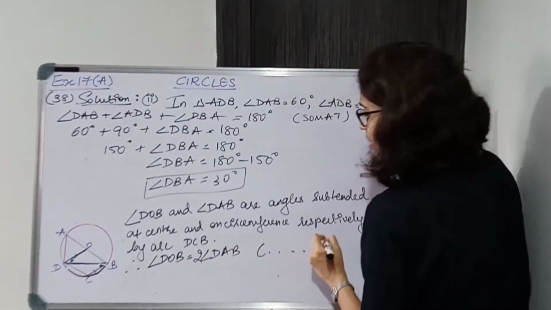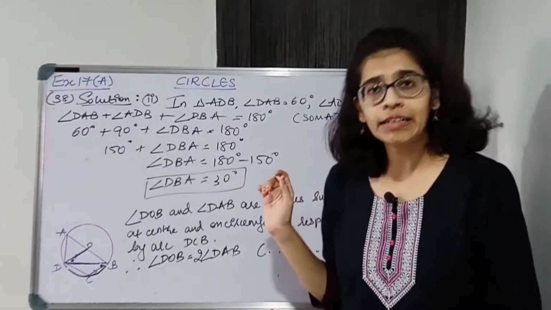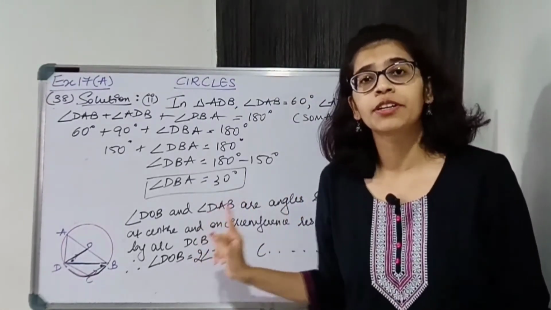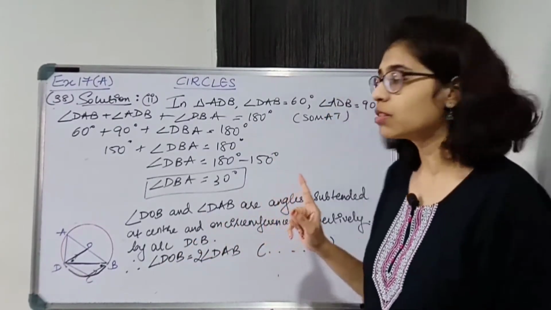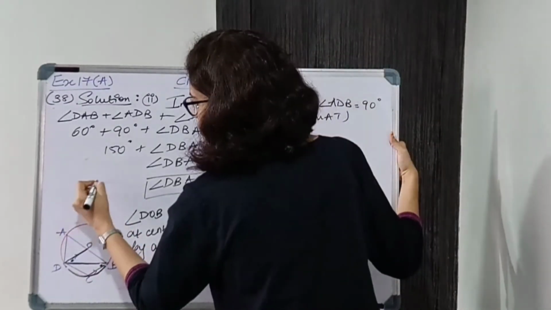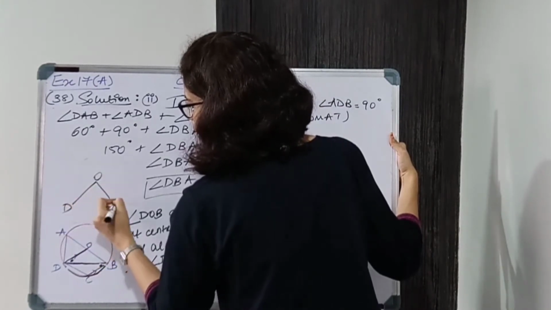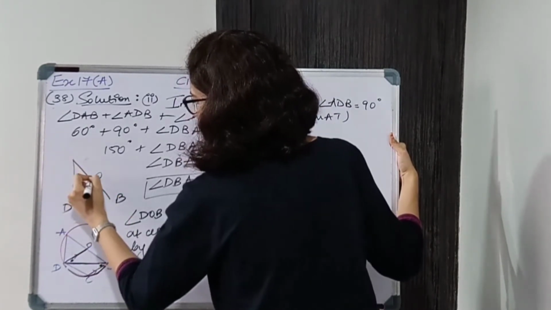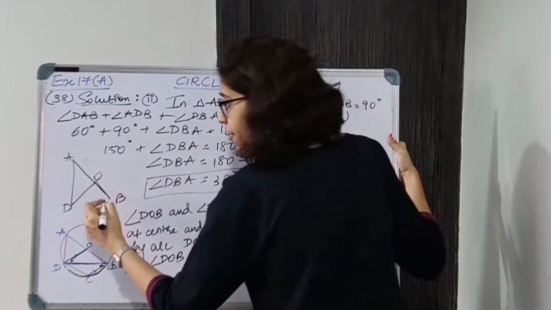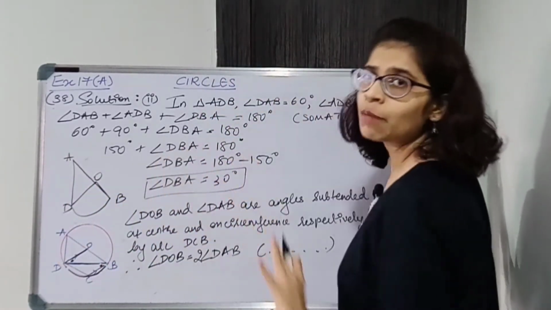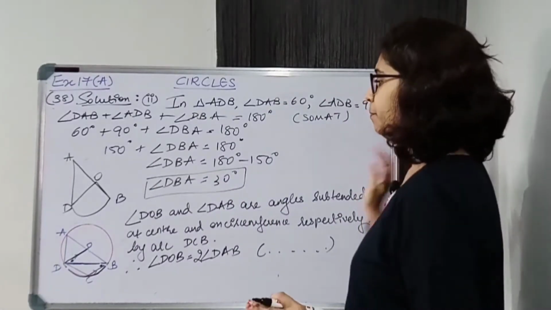You have to give the reason, students. Angle at the center is twice the angle subtended on the circumference. This is the angle at the center, this is the angle on the circumference. This is DOB and DAB. This is coinciding but it does not matter, as long as the property is applicable.